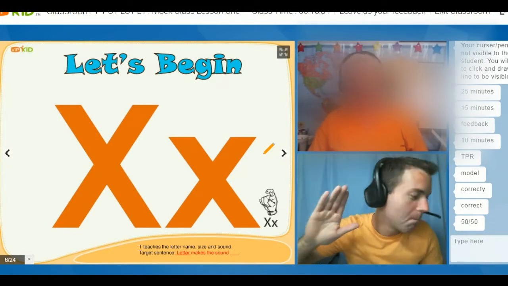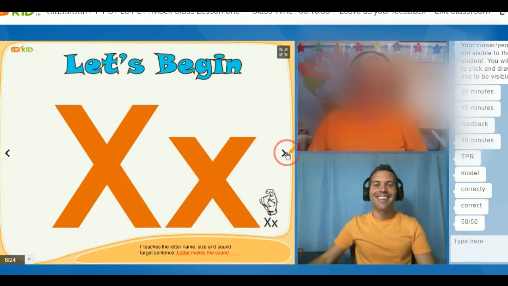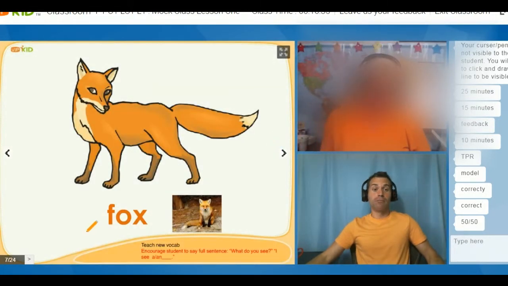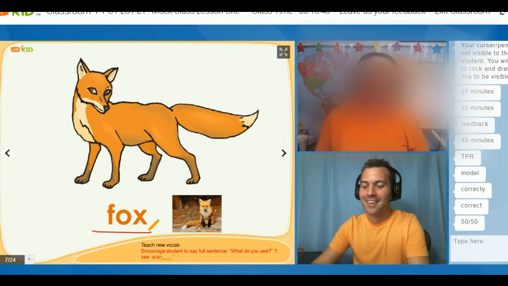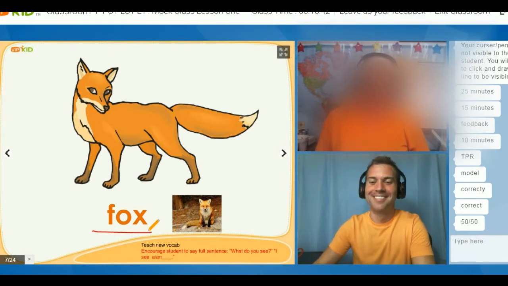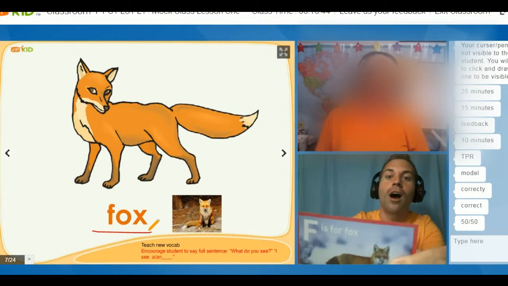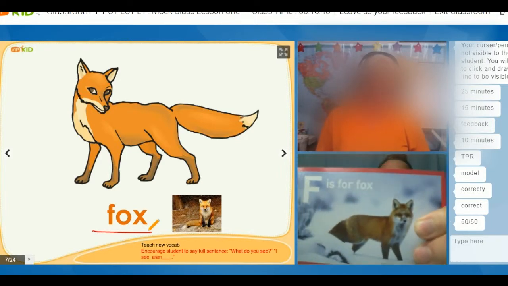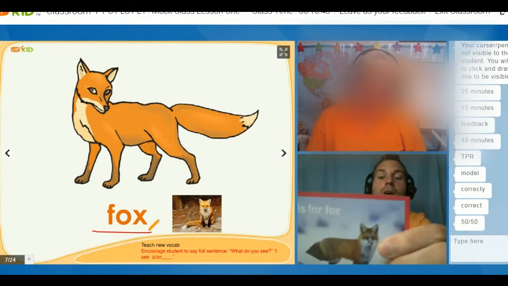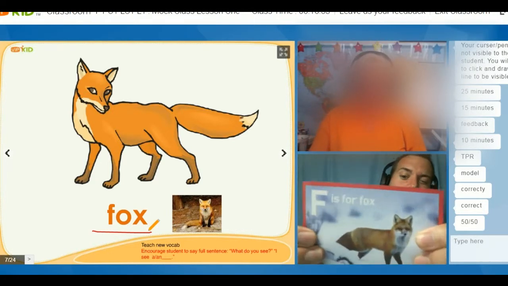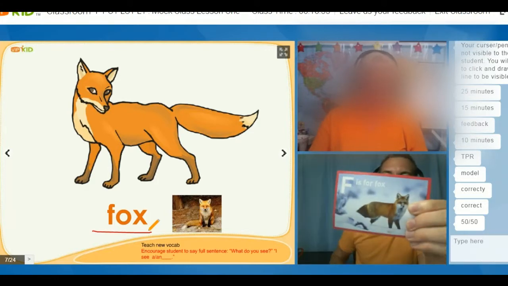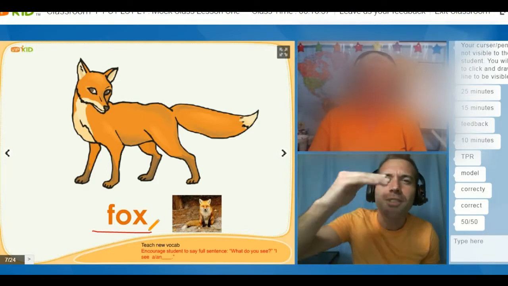X, X, X. Good. Fox. Fox, fox, fox, fox. What do you see?